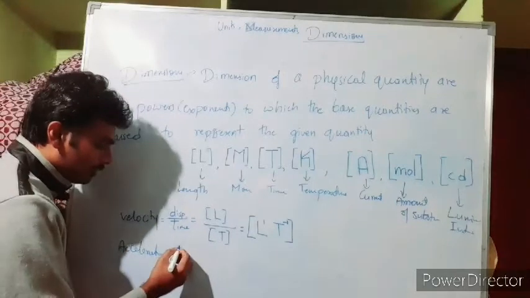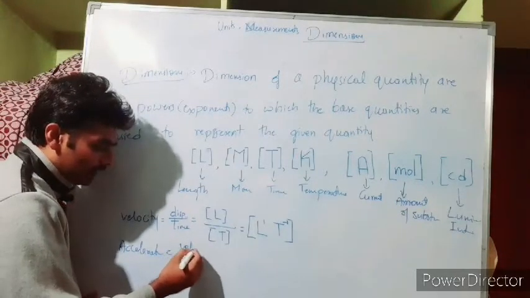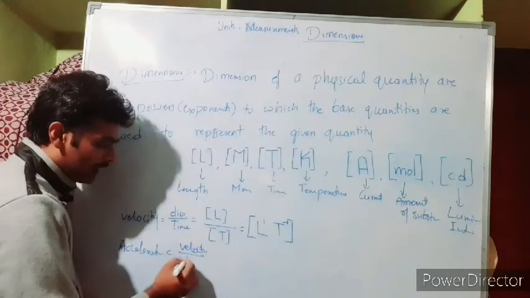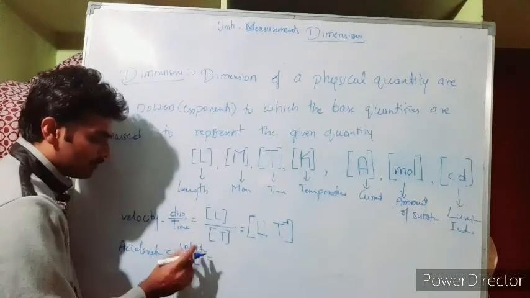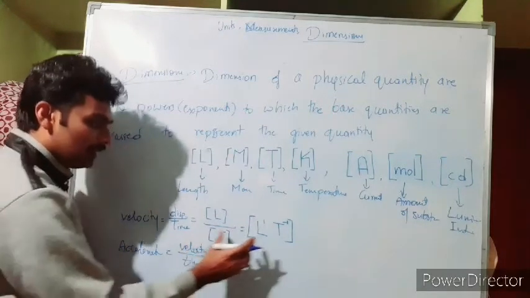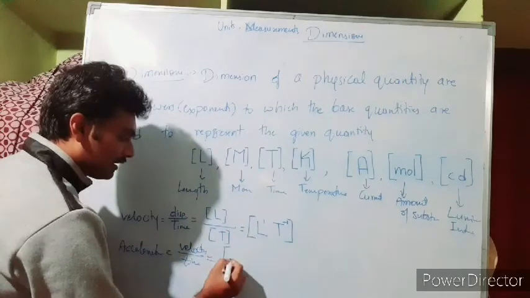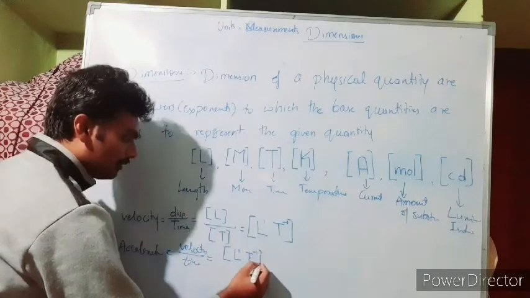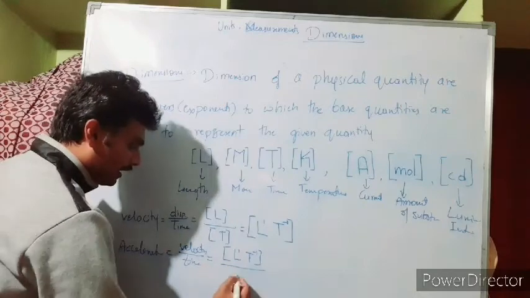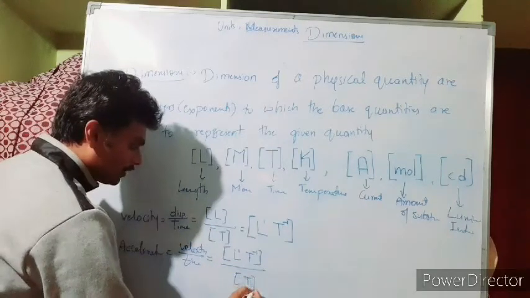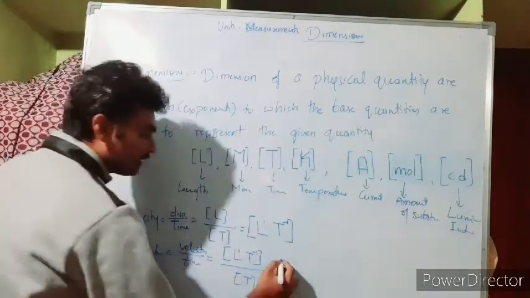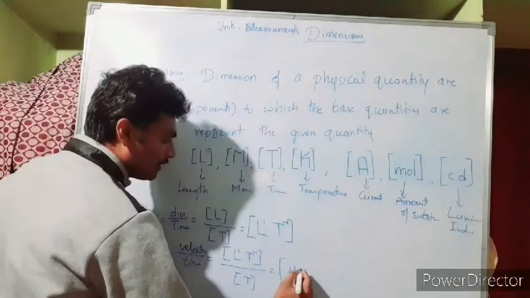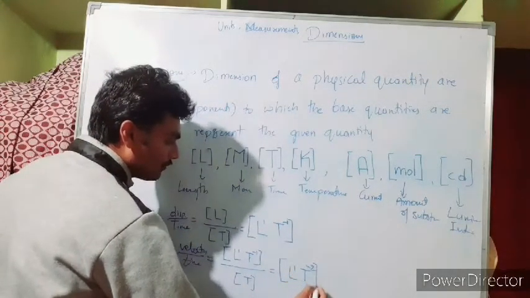So in the numerator, it's velocity by time, right? That is what acceleration is. What is the dimension of velocity? It is L1 T minus 1, and in the denominator we again have time. So the dimension of acceleration is L1 T minus 2.